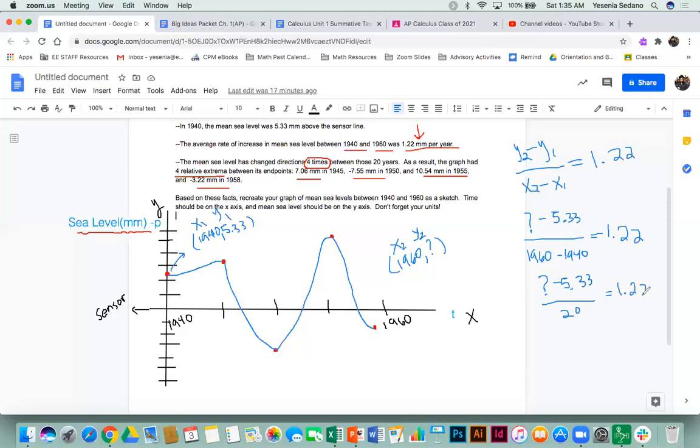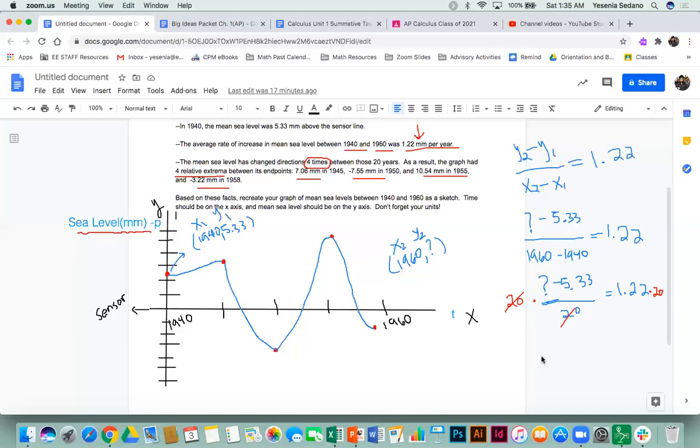Awesome, we're getting there. We got to figure out what question mark is. To get the question mark by itself, I'm going to multiply both sides by 20. The opposite of division is multiplication. Multiply by 20, that cancels out.